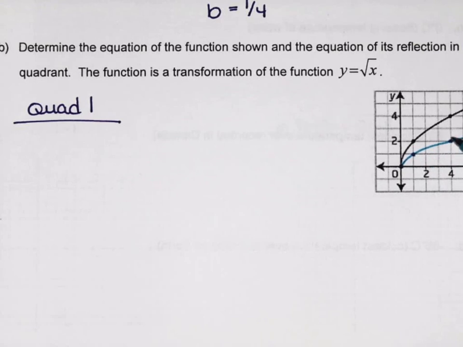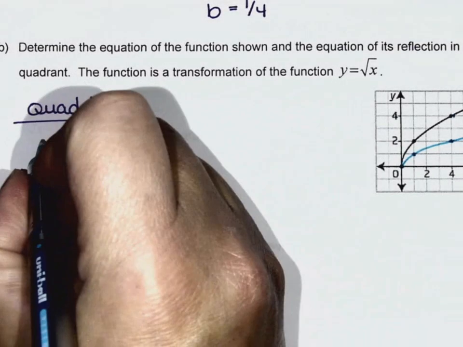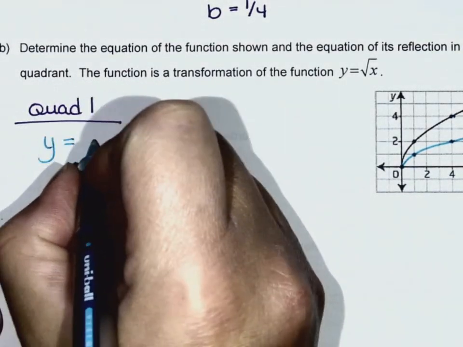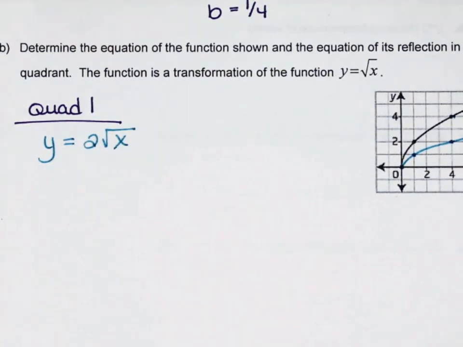This one was 2, now it's 4. So what's happening to the y values? Y values are times by 2. That's the easiest one to see. You could do it as a horizontal as well, but the easiest one to see is that it's vertical. So in quadrant 1, y is equal to 2 root x. Would everybody agree with me? Nice and easy, vertical stretch of 2.